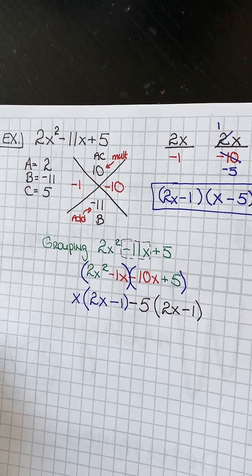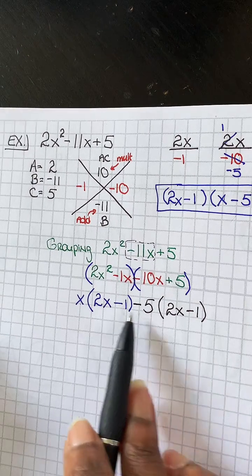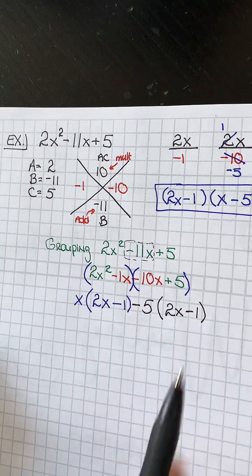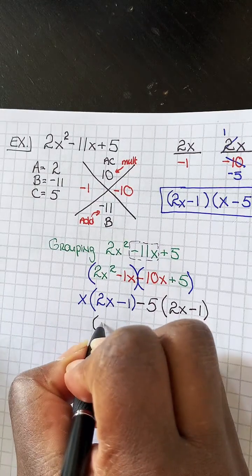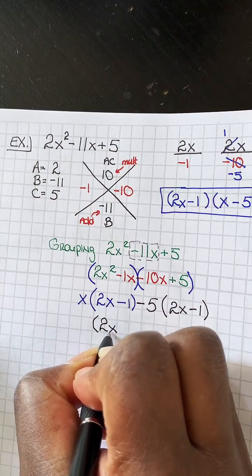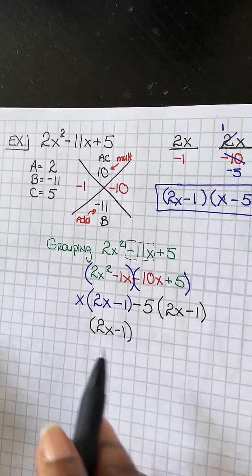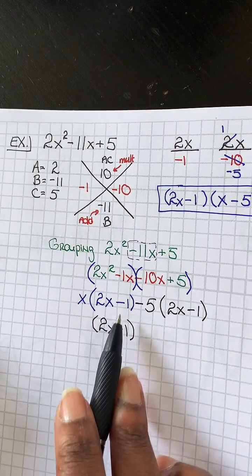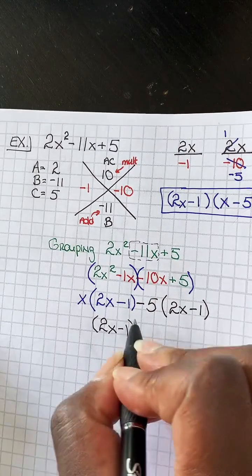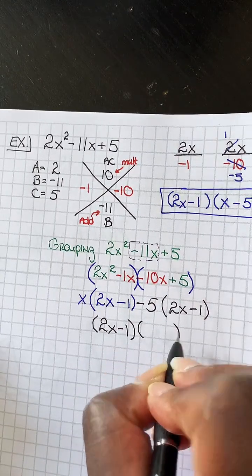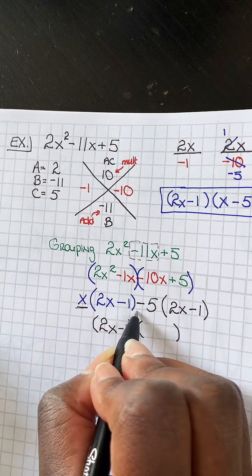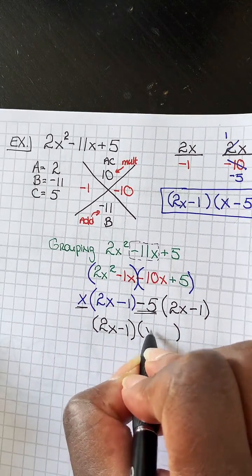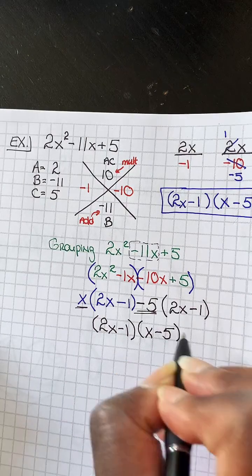So now, if you notice inside the parentheses, they're exactly the same. So 2x minus 1 will be the GCF of this line only. I'm going to pull out the GCF, but then what's left remains outside of the parentheses. That gives me my x minus 5.